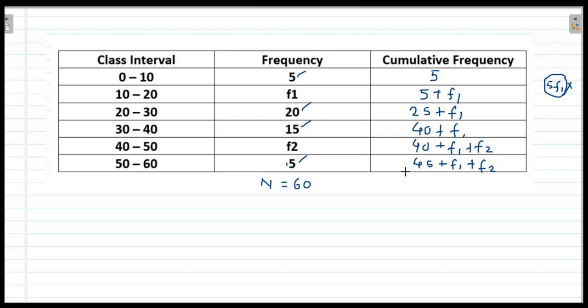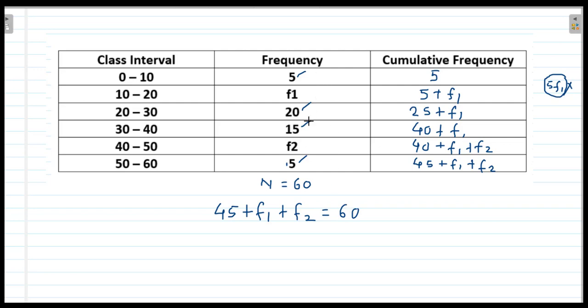As you know, in the previous questions we have seen that this last cumulative frequency and the sum of all the frequencies will always be equal. So if you add all these, you are going to get this last cumulative frequency. So it will be 45 plus F1 plus F2, which is equal to 60.